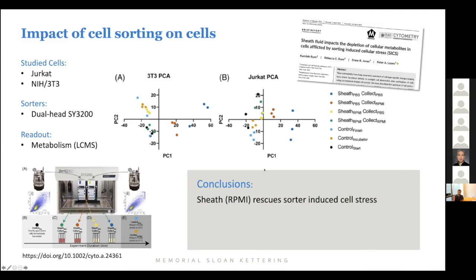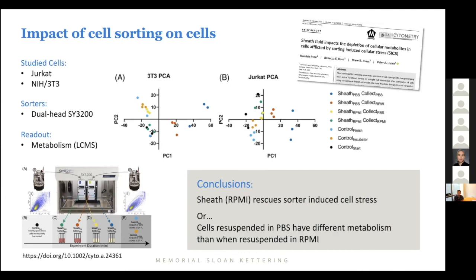Now, like I said, since there was no comparison with a PBS-resuspended cell sample that wasn't sorted, we could conclude that the only differences we're seeing here in terms of metabolism is the fact that the cells resuspended in PBS have a different metabolism than the ones resuspended in RPMI. So it had nothing to do with the sorter.